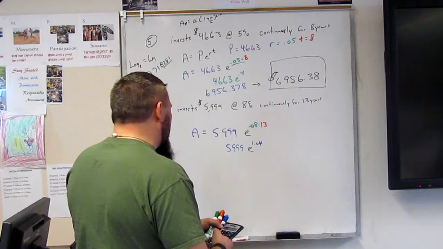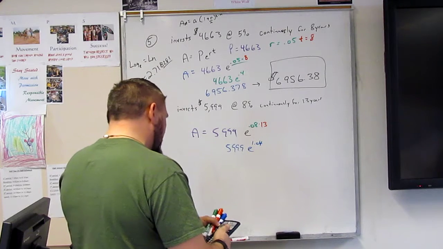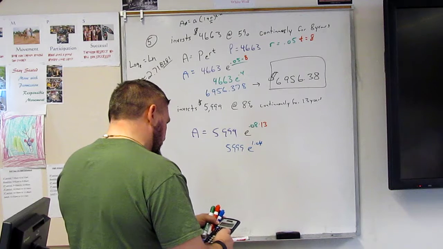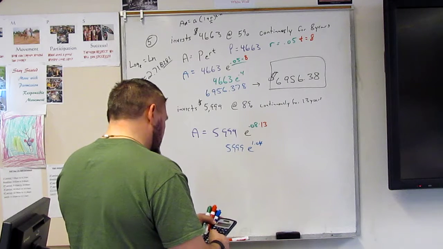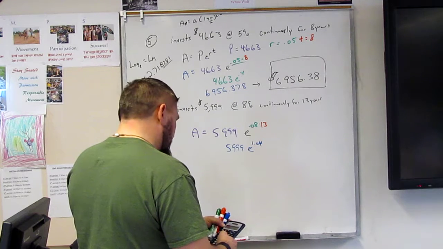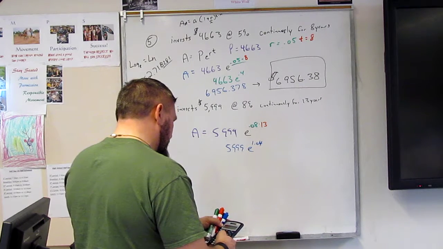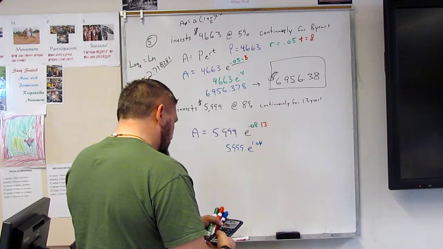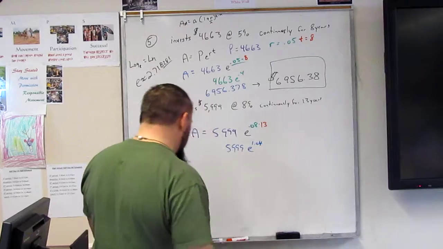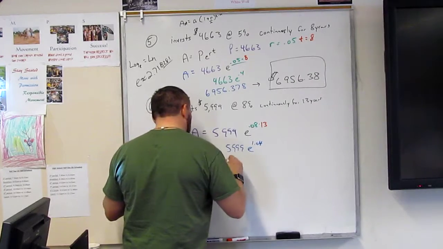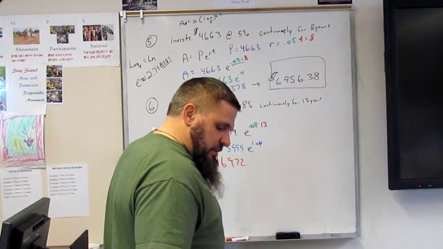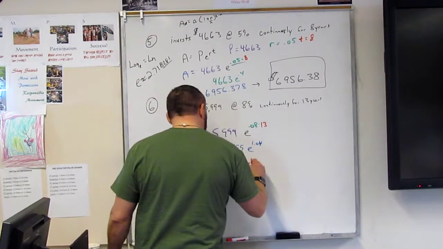It just makes for less error, but you don't have to. 1.04 times 5,999. So I get $16,972.47. Good.